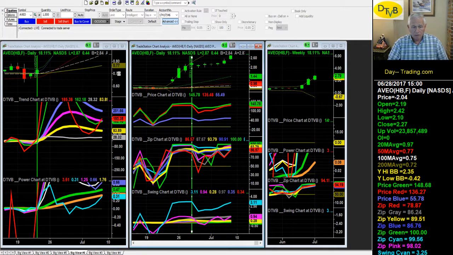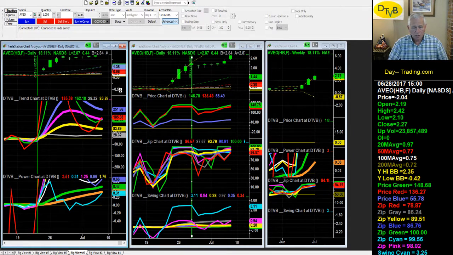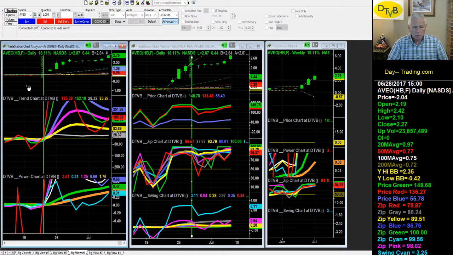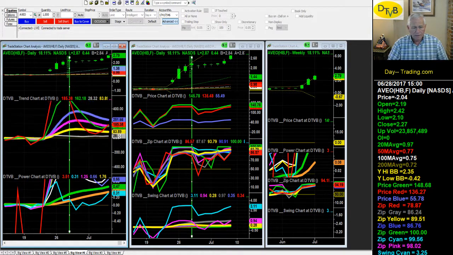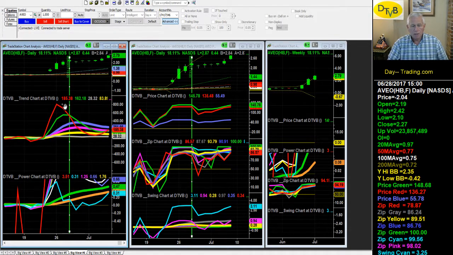And there's a signal that you can obviously see on this particular thing, and that is, oops, I'm pulling this the wrong way, and that is right here, and that's on the trend chart. You can see trend red crossed under trend green, and that's the start of a downtrend. And so we've actually got some price divergence between trend red and the price chart.